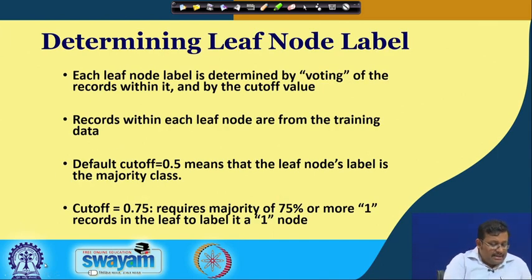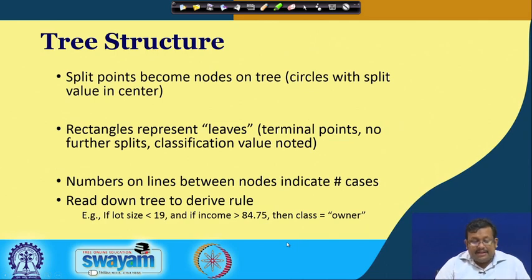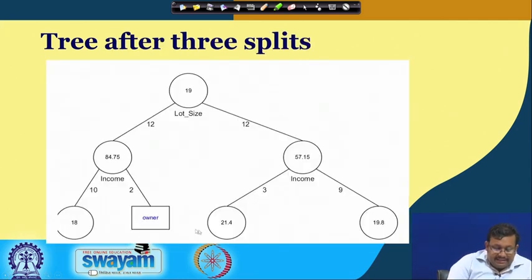These leaves are terminal points with no further split, and the classification value is noted. This is called a terminal node or leaf, and from here there is no further division. So, this branch stops.